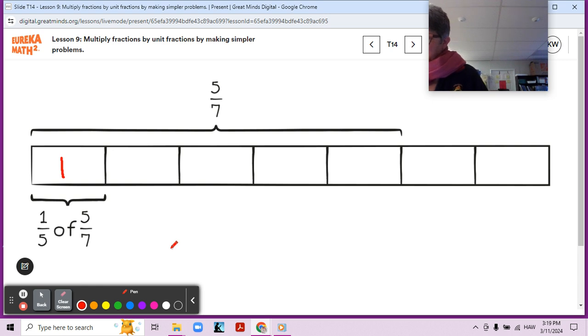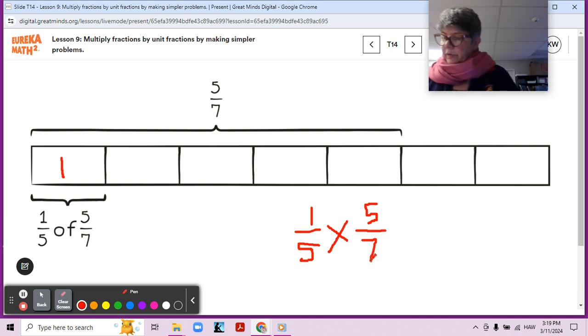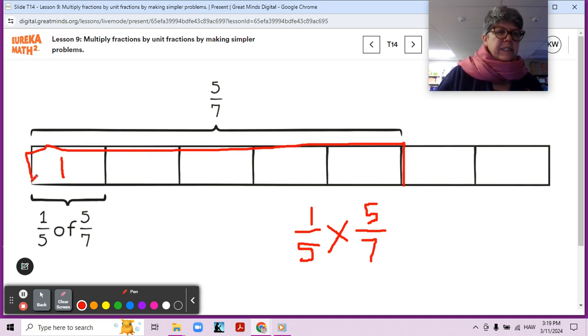Una's tape diagram shows how to find 1/5 of 5/7. Just to be clear, let's make sure that we write that here. 1/5 of 5/7, similar to the problems that we were working on mostly in the last video. So we're making a simpler problem by thinking about 1/5 of 5 because we're just looking at our 5/7.